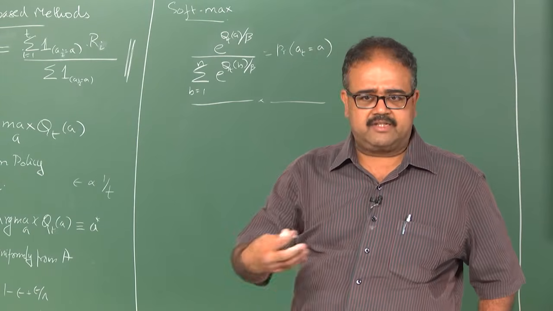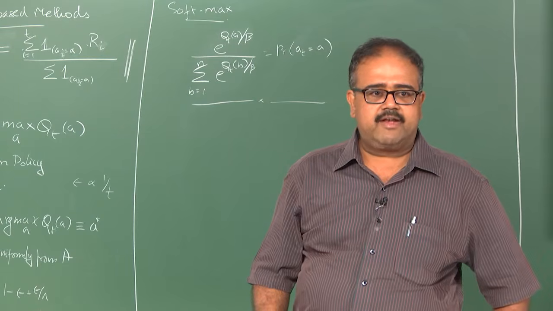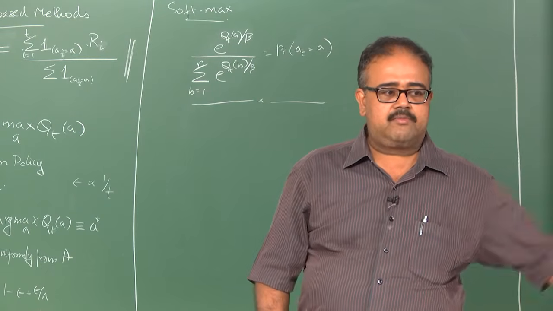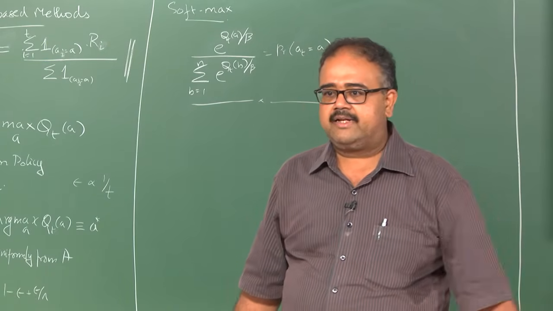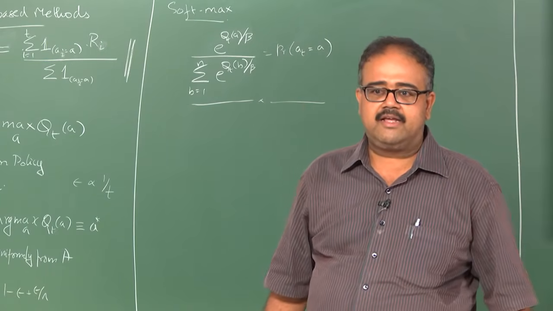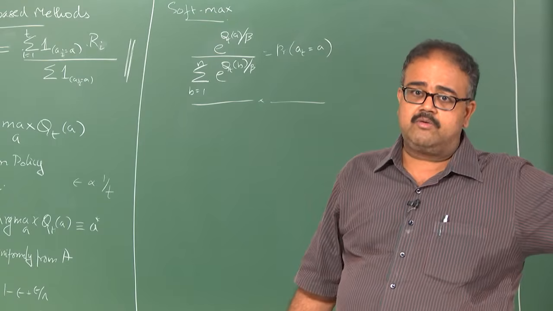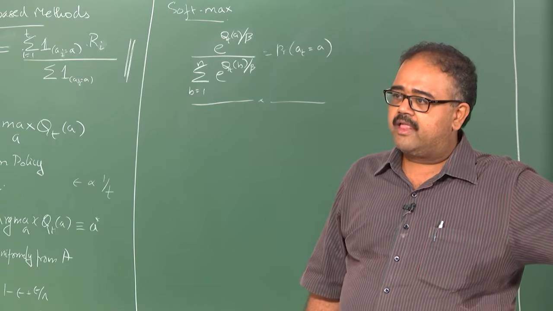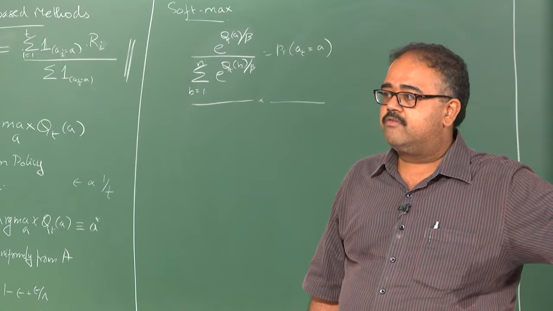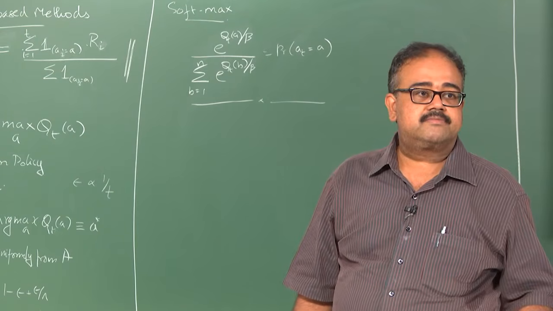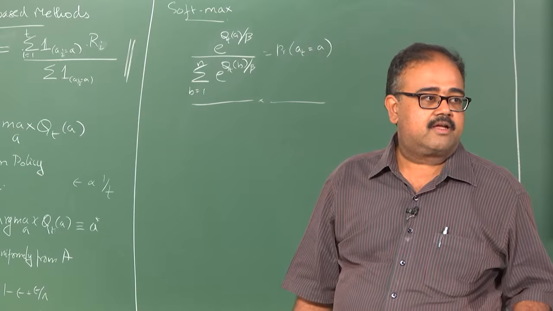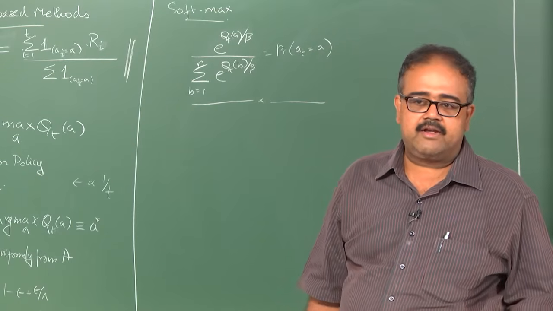I run experiments till time t, and then when I want to know what Q_t is, I look back and see how many times I have taken action a, and then I take the average. So that essentially means that at time step t, I need to know what were all the actions I picked earlier and what were all the rewards I got for those actions. So I need to remember this whole history. So is there a more efficient way of doing it?